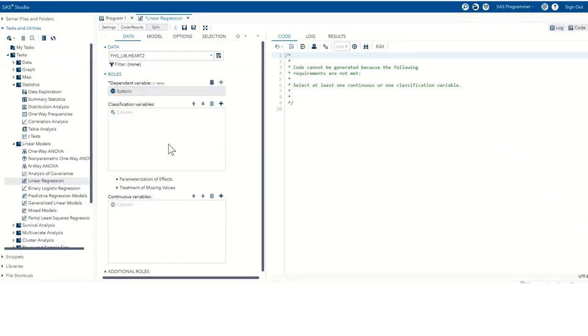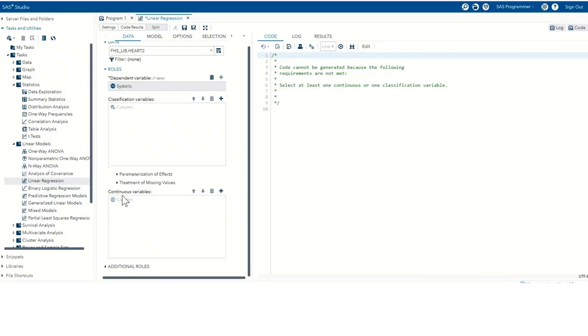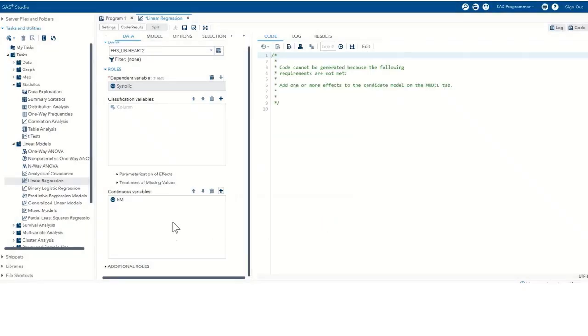This field is for categorical variables, but we are running a simple linear regression with the continuous variable for this practice. So move on to the next field, that is continuous variable. And let's choose BMI as our exposure of interest or the predictor. So in this case, systolic is our outcome of interest or the response variable, and BMI is our exposure variable or the predictor variable.